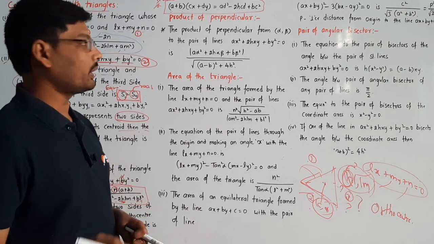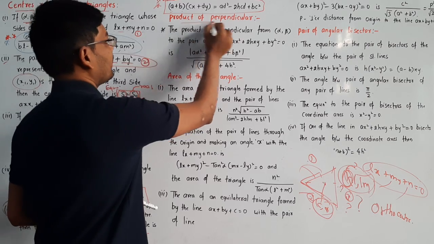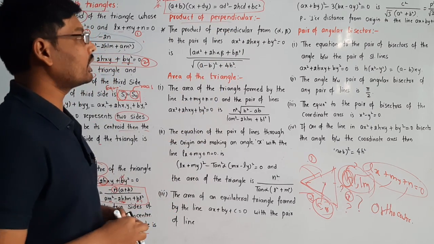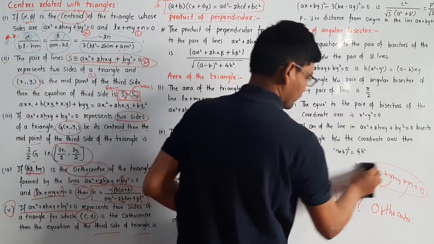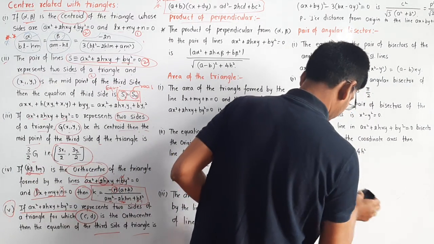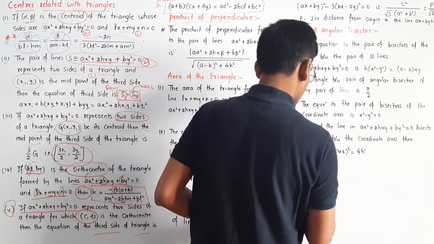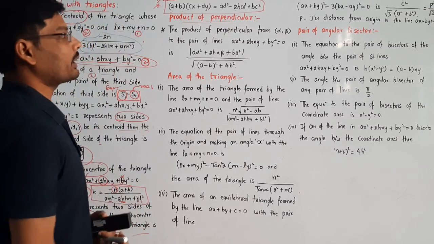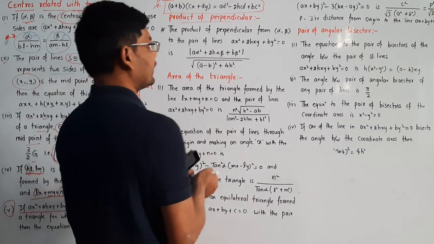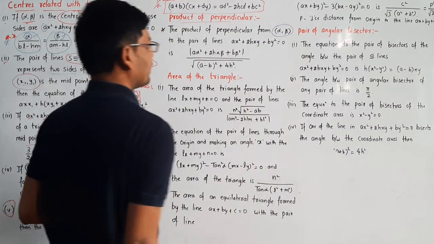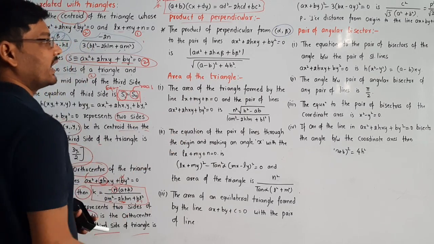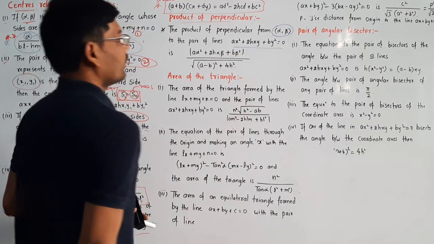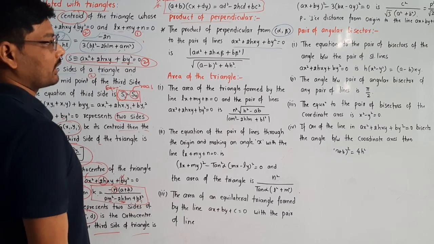Now the next topic is the product of perpendiculars. The product of perpendiculars from alpha comma beta to a pair of straight lines, that is ax square plus 2hxy plus by square.